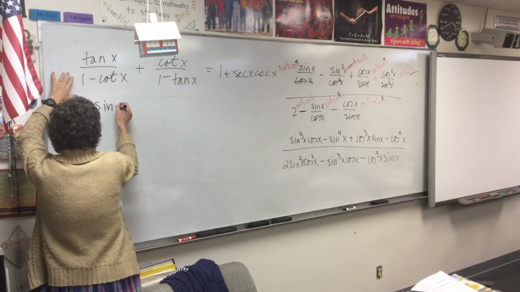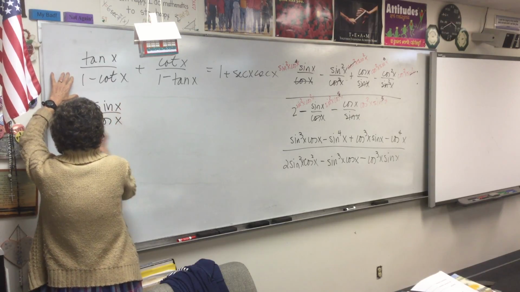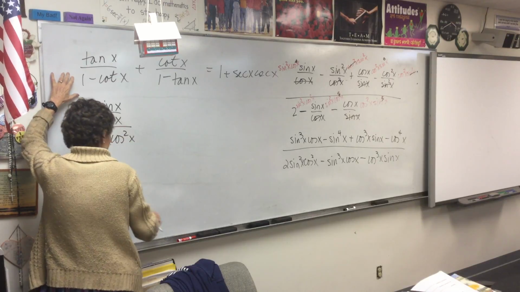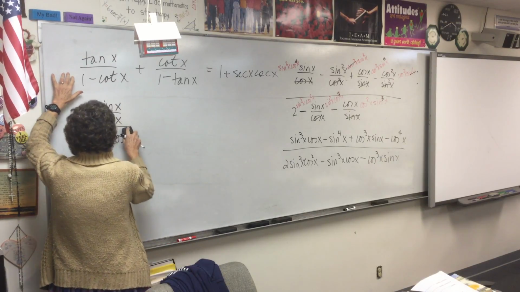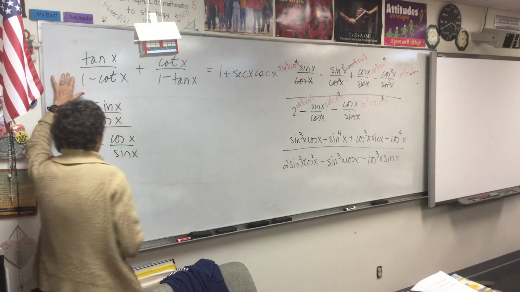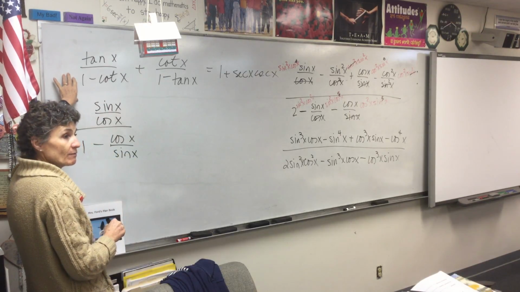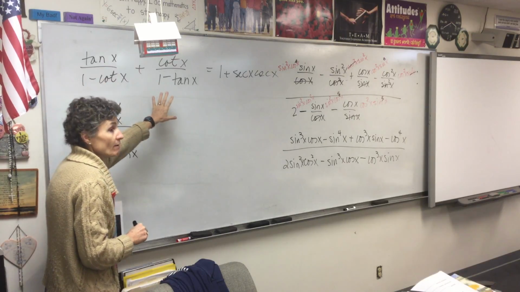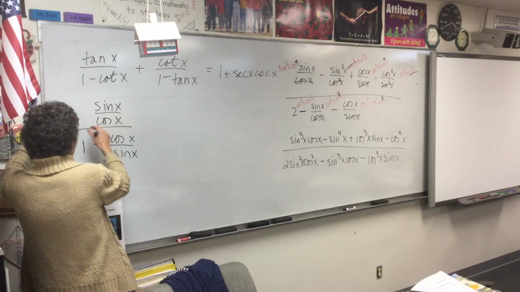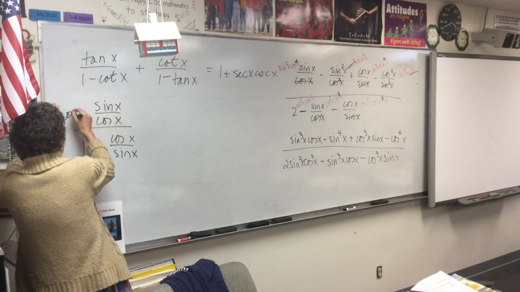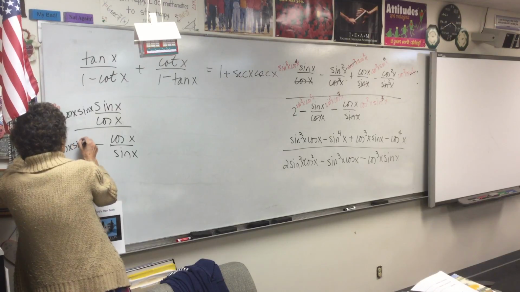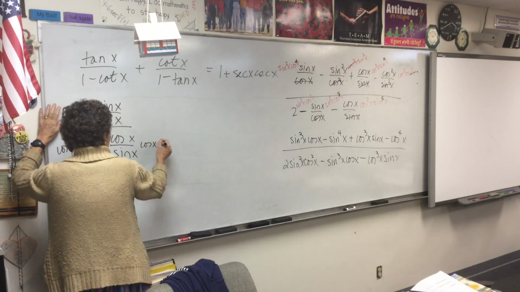So we'd have sine over cosine over 1 minus cosine, oh no, it's not squared, just 1 minus cosine over sine. All right, is that okay with everybody? Now, I know I still have that one, but I'm just going to work on this one for a minute. So I'm going to multiply everything here by cosine sine, because that's the common denominator of this little fraction.